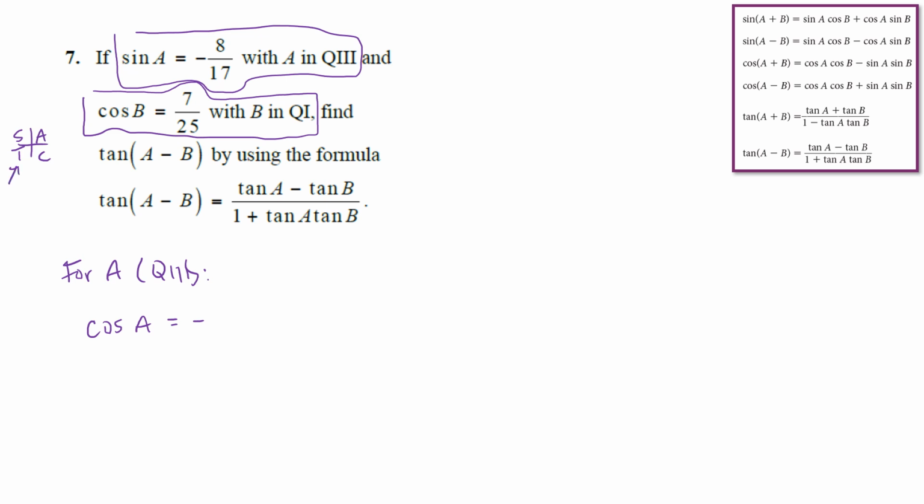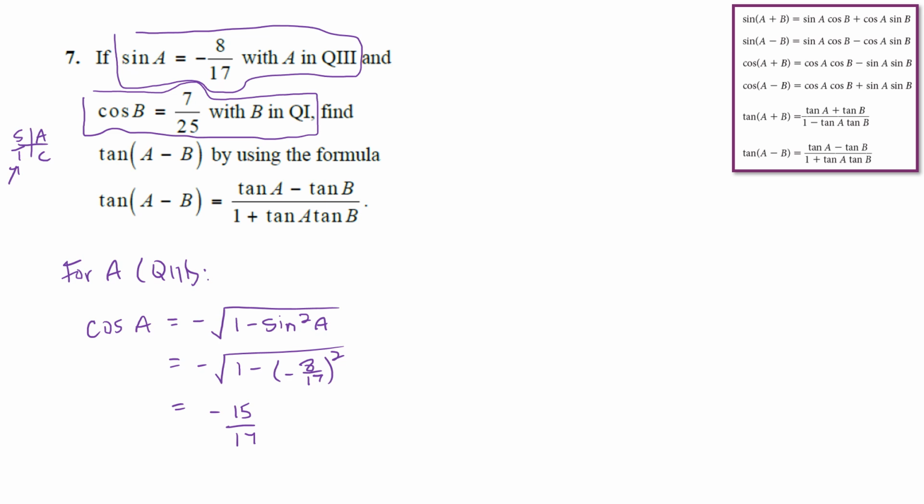In quadrant 3, the tangent is positive, which means cosine and sine are negative. So we have negative square root of 1 minus sine squared A. So plugging in sine A, which is negative 8 over 17, and simplifying that expression in our calculator, we get negative 15 over 17. So that's the cosine of A.